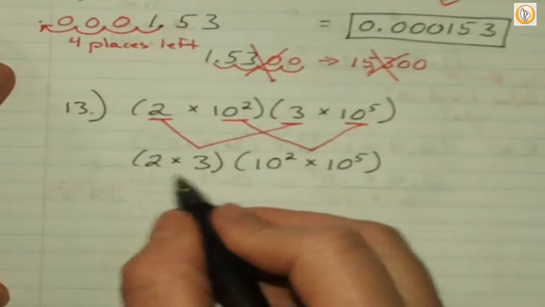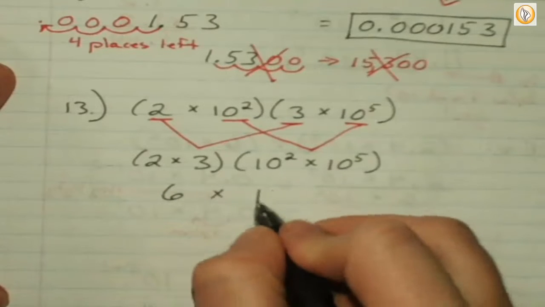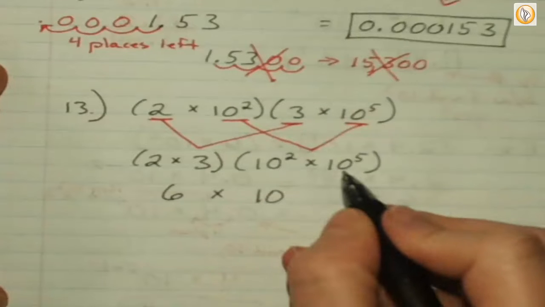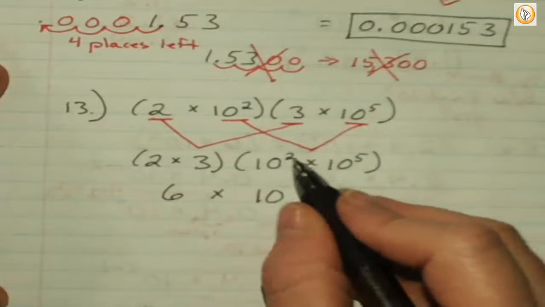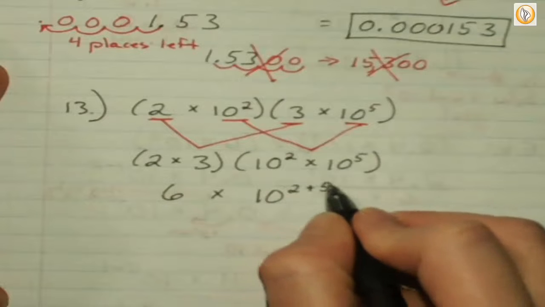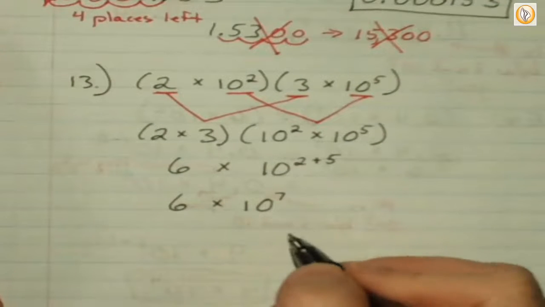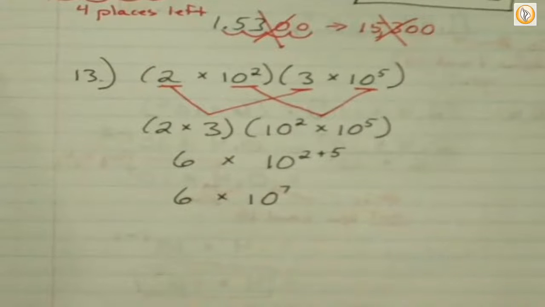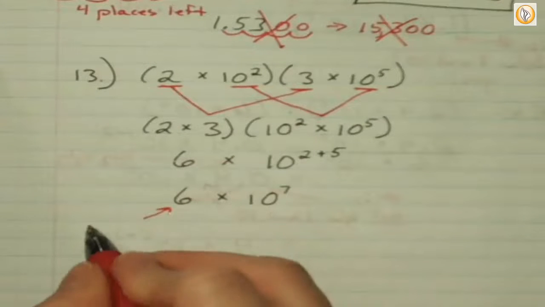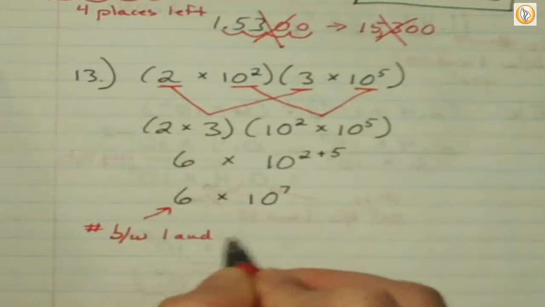So what is 2 times 3? 6. Times 10. Now, if my bases are the same and we're multiplying, what do I do to the exponents? You add the exponents. So that's 2 plus 5, which gives you 7. Is this number between 1 and 10?